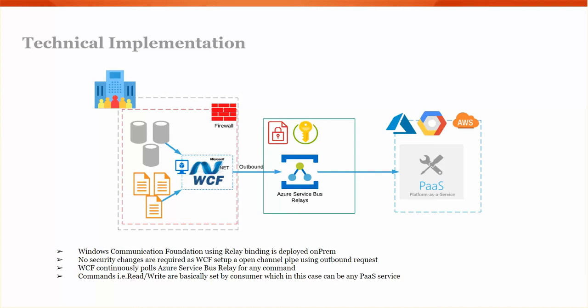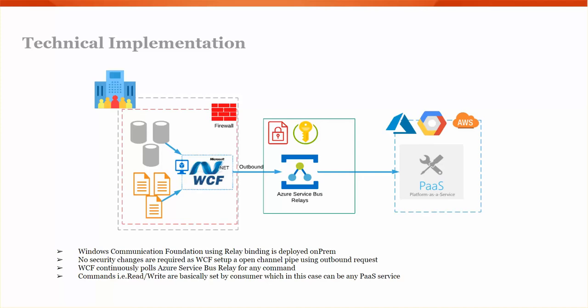It has its own queue model which it manages, and WCF will continue to poll this queue to see if there is any new message received by the service bus relay queue. Once it sees a new message, it takes the message and sees that a request has been made for a specific table in the database. It goes and grabs the data, and then using the same outbound channel, it sends the data back to the service bus relay, which then routes the data back to the PaaS service.